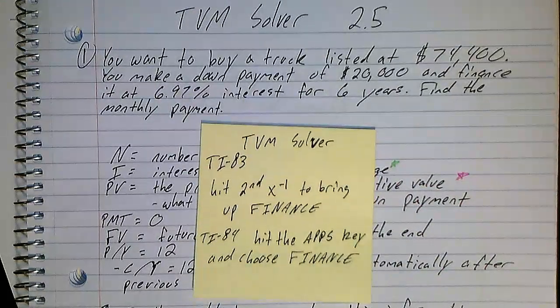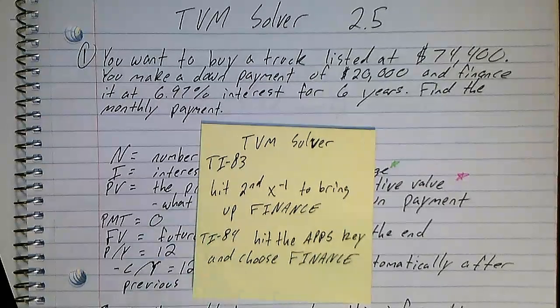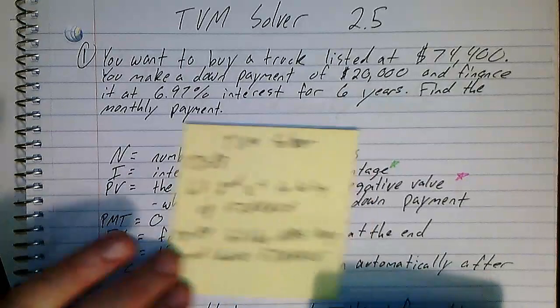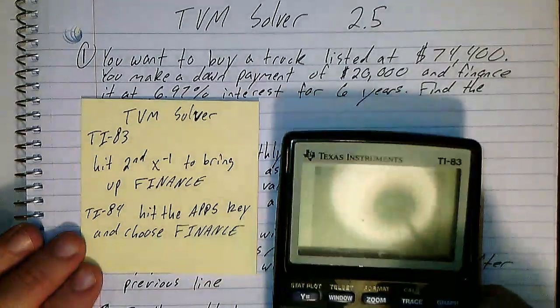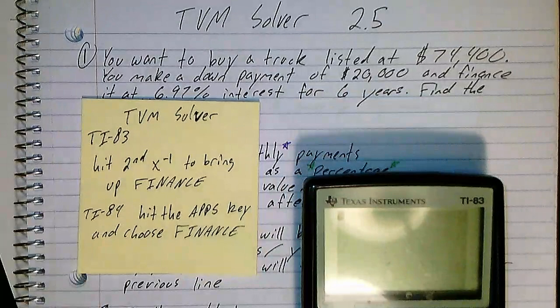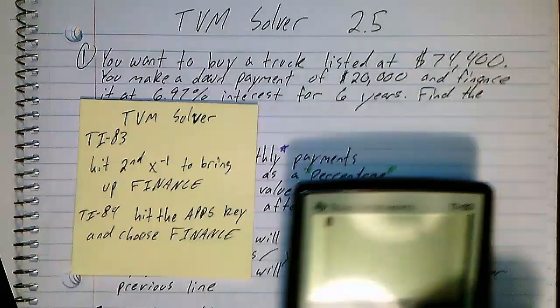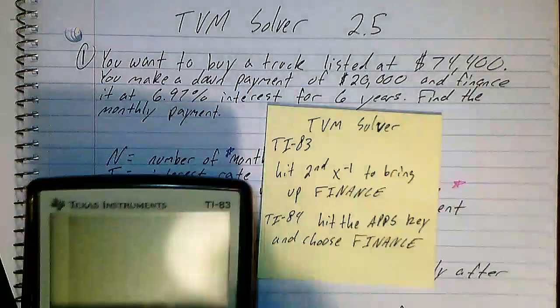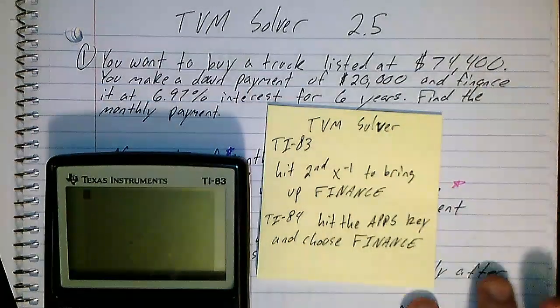Here is how we get to the TVM solver. If you have a TI-84, you can just hit the apps key and then choose finance. I'm going to do this video with an 83, but once we get to the TVM solver, it will all look the same.